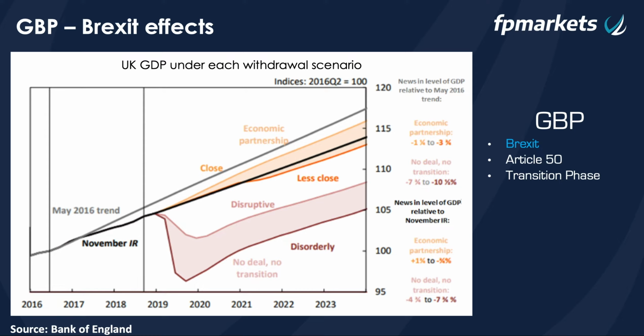But it's also how you look at it, from disorderly to disruptive to a close Brexit to an economic partnership, etc. And you can see how this looks in terms of the expansion of UK GDP under each scenario, and whether or not you actually see quite a fall away for 2019, a fairly linear movement in the same direction, or whether or not they actually get a partnership deal, like a Norwegian styled EU number. All of that has been factored into this.